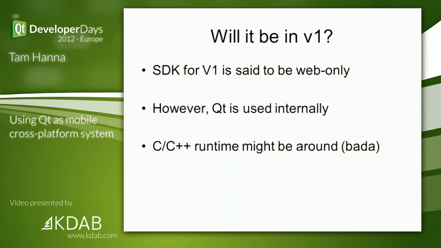So there is Qt on every Tizen device, but it's not sure whether it will be offered to third-party developers in the first edition. However, there will be a C++ runtime for BADA compatibility, so it should only be a question of time until an unofficial port pops up.